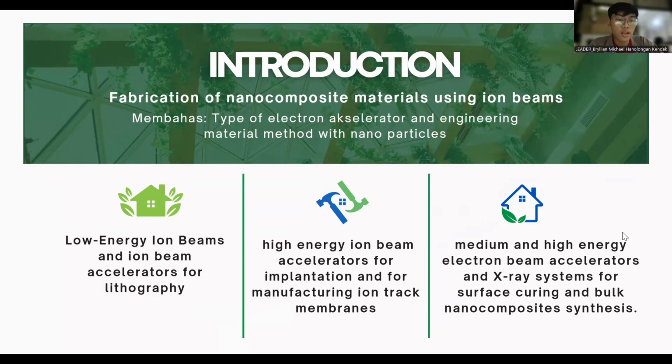The first one is low energy ion beams and ion beams accelerator for lithography. The second one is high energy ion beam accelerator for implementation and for manufacturing ion track membrane. And the last is medium and high energy electron beam accelerator and X-ray system for surface carrying the bulk nanocomposite synthesis.